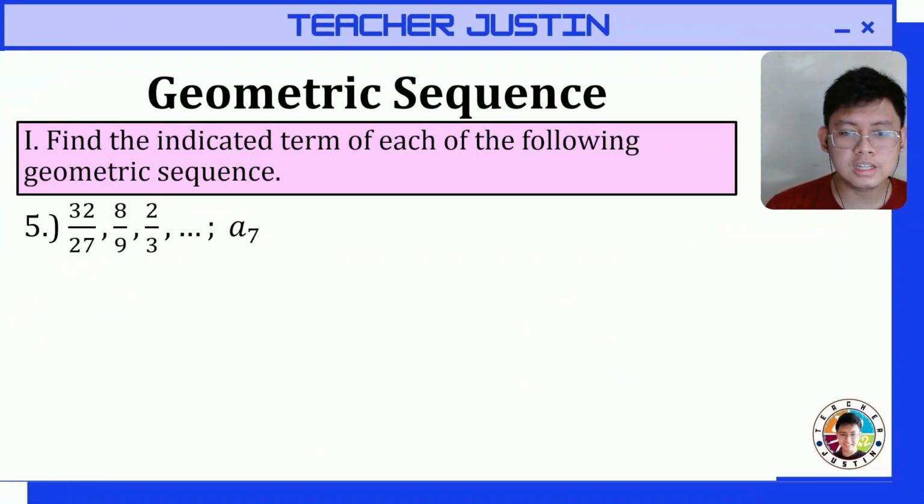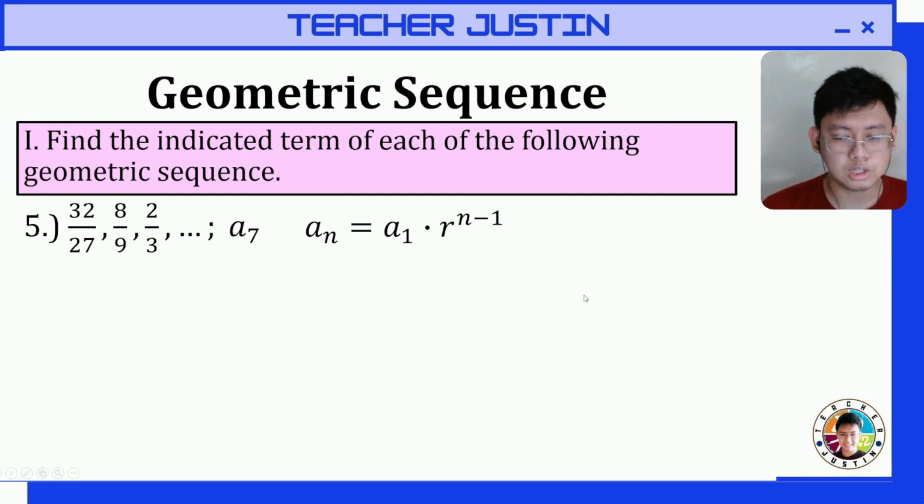Okay, let's have this item. Let's solve for the seventh term of this geometric sequence. 32 over 27, 8 over 9, 2 over 3, and so on and so forth. So, we're asked to find the seventh term of this geometric sequence. So, if we're asked to find the value of our nth term of our geometric sequence, we're going to use the formula a sub n is equal to a sub 1 times r raised to n minus 1.